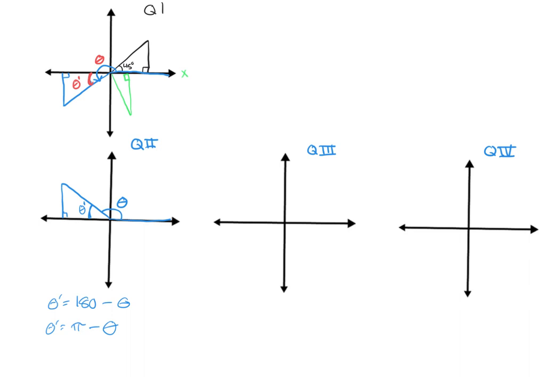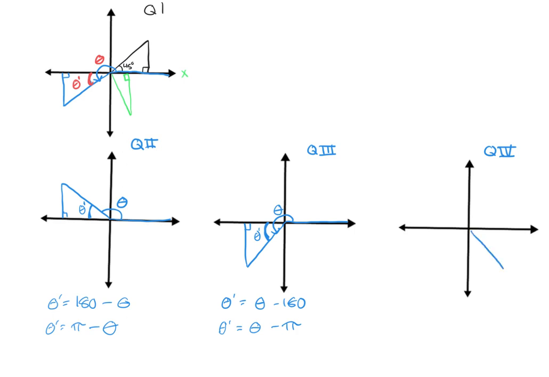In quadrant 3, if that's theta, drawing this right triangle to the x-axis, here's my reference angle, theta prime. So to find theta prime, I will do theta minus 180, or theta minus pi.